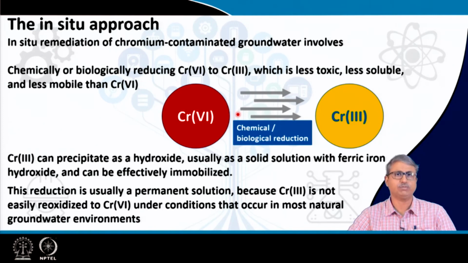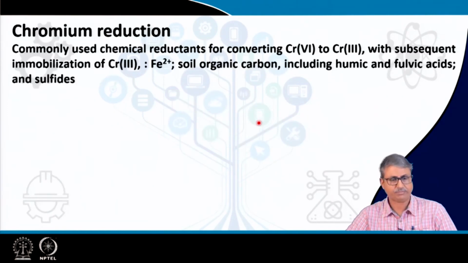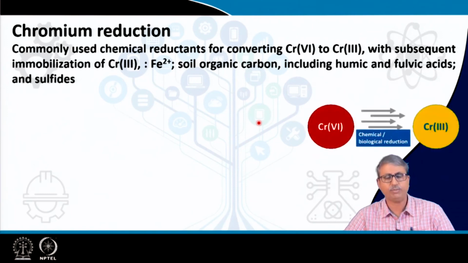Scientists have studied this thoroughly and concluded that under natural groundwater conditions, the oxidation of chromium 3 to chromium 6 is not preferred. The commonly used chemical reductant for chromium 6 to chromium 3, with subsequent immobilization of the chromium 3, is Fe2+, as I mentioned, because it is found to be kinetically much superior to others.